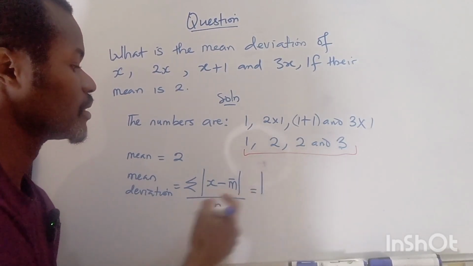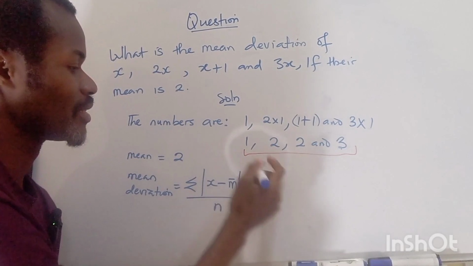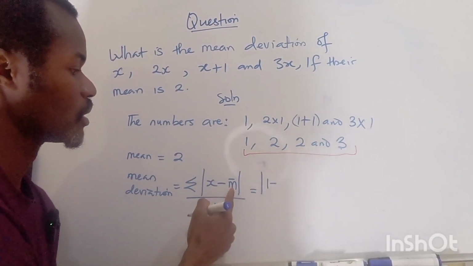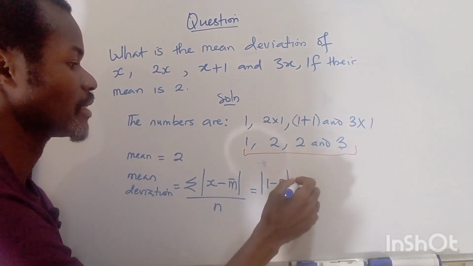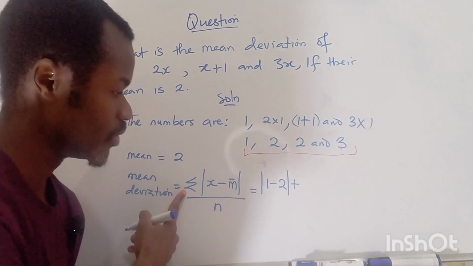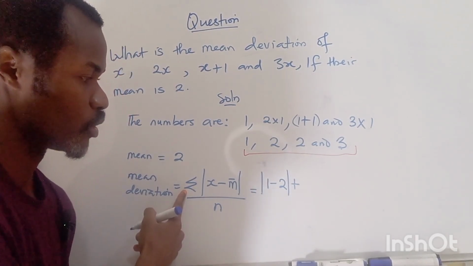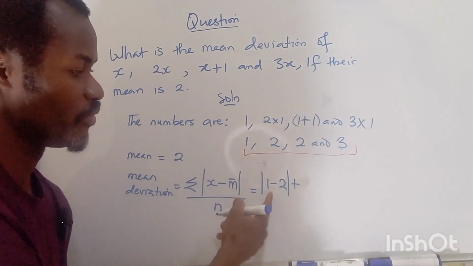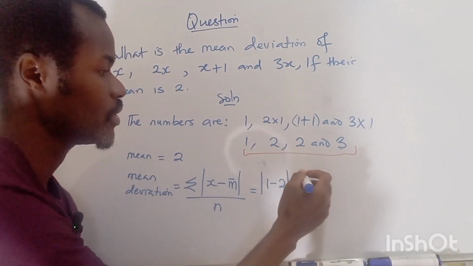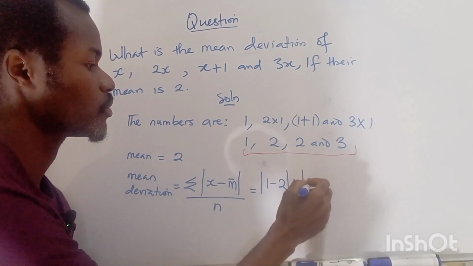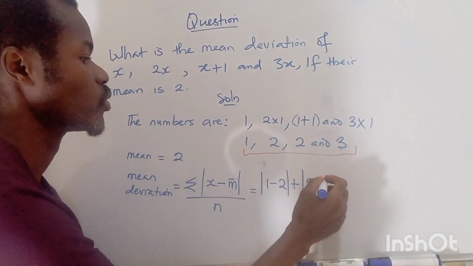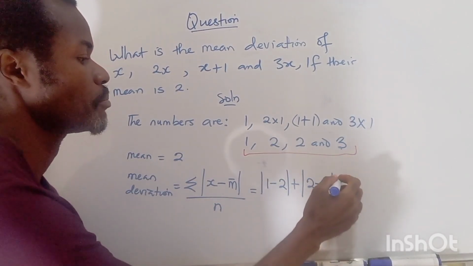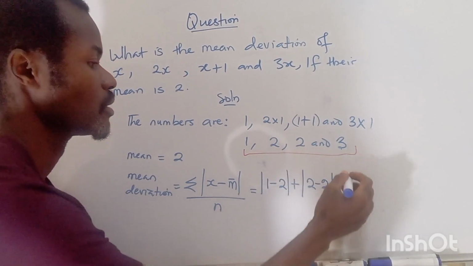So we want to get the absolute deviation. The first number x is 1 minus the mean, which is 2, plus, because we have summation. Whenever you do any deviation, you have plus. The next one is 2, and we subtract it from the mean, which is 2, plus the next one is still 2.